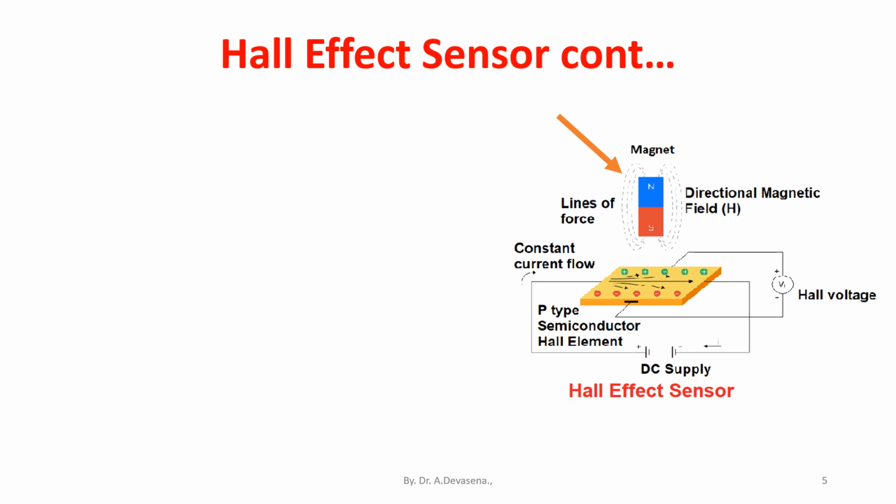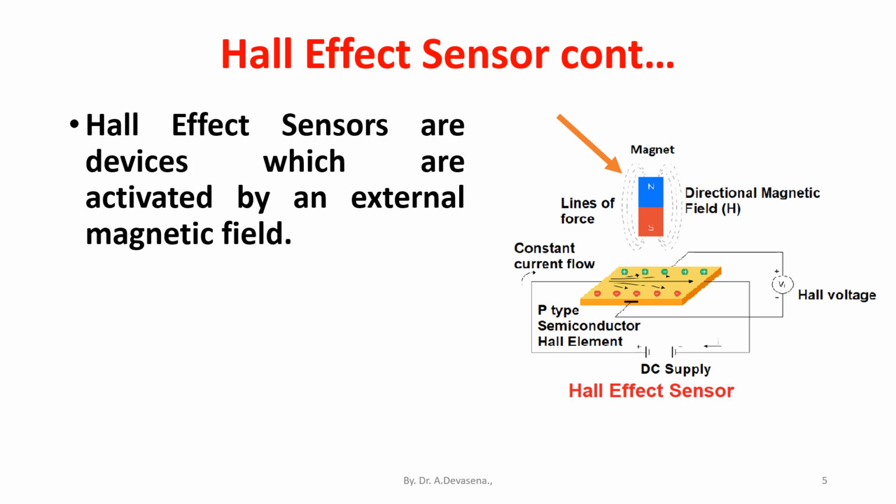Hall effect sensors are devices which are activated by an external magnetic field. We know that a magnetic field has two important characteristics: flux density B and polarity, that is north and south poles.